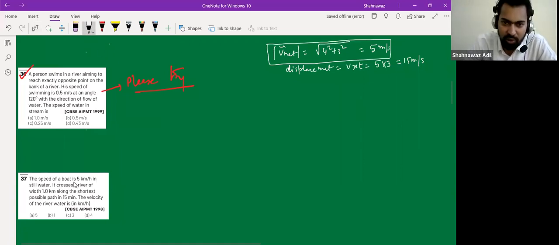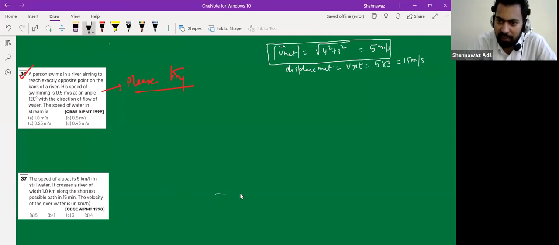So the speed of boat and river. So same, boat and river, case 1, right? Case 1, we have to calculate the resultant. So the speed of a boat is 5 kilometers per hour, right? And it crosses a river along the shortest possible path, right?